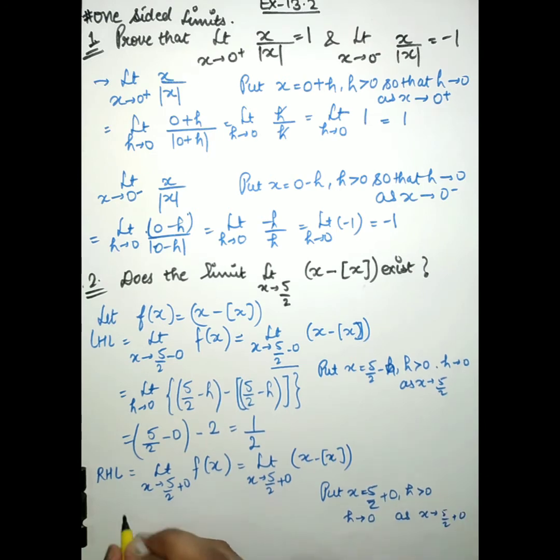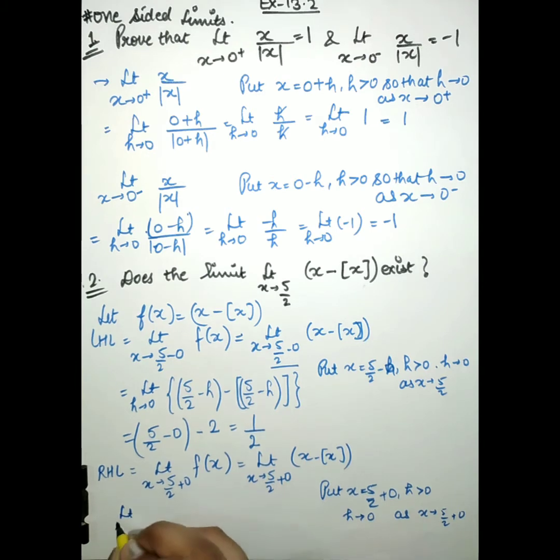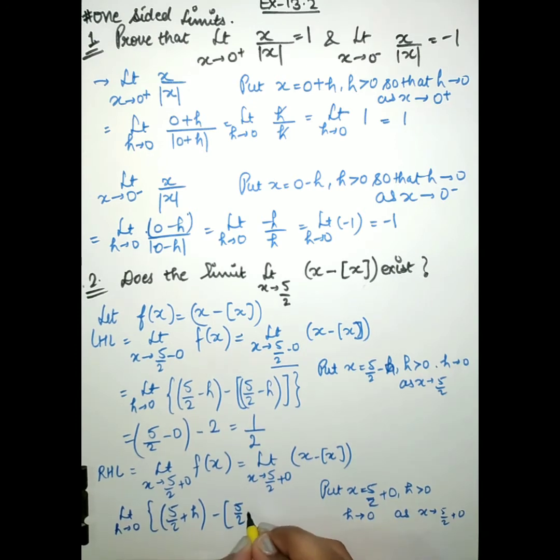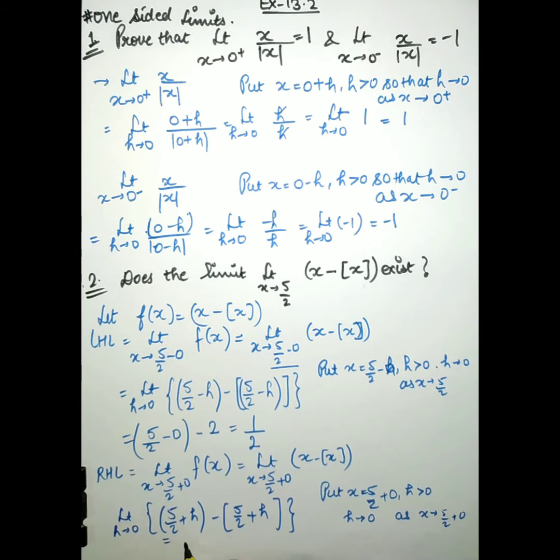Then it will become limit h approaches 0 of 5 by 2 plus h minus box of 5 by 2 plus h. Then it will become 5 by 2 minus 2. It will become half.